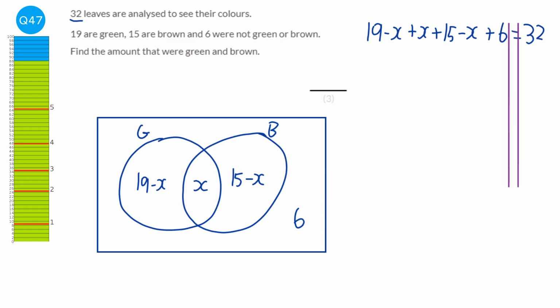And let's get our solving lines in. So we've got minus X and minus X, so that will be a minus X. And we've got 19 plus 15 plus 6, which will be 40, equals 32. We're going to take away the 40 both sides.